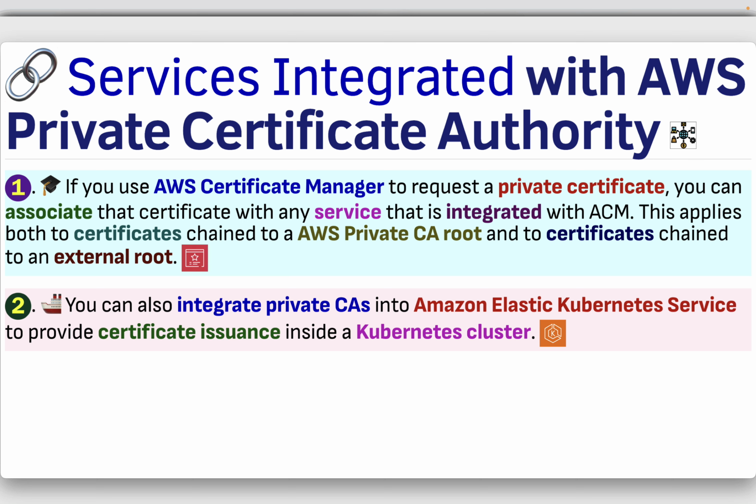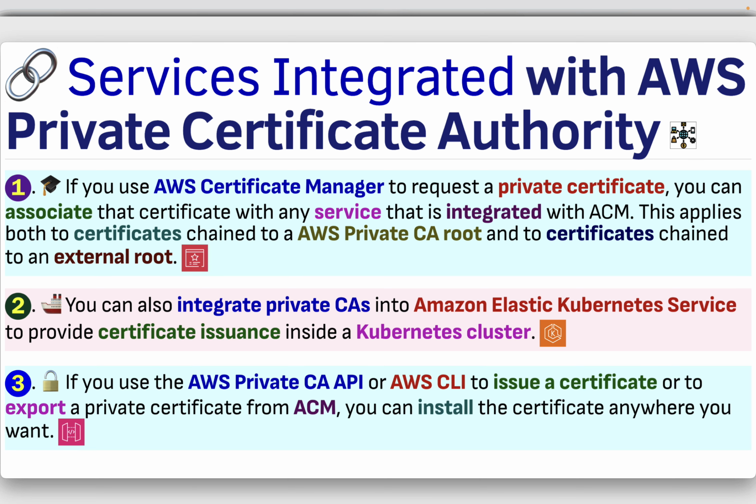You can also use integrated private CAs with Amazon Elastic Kubernetes Service to provide certificate issuance inside a Kubernetes cluster. If you use the AWS Private CA API or AWS CLI to issue a certificate or to export a private certificate from ACM, you can install the certificate anywhere you want to use.